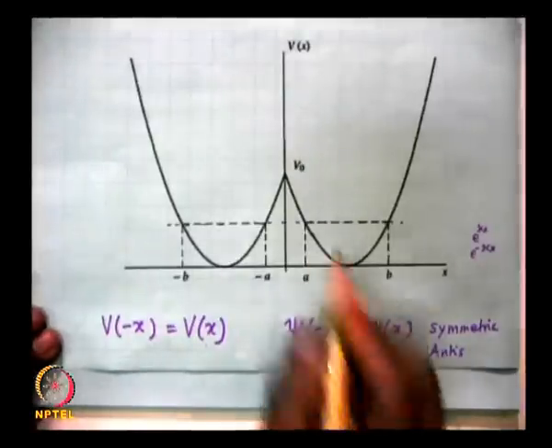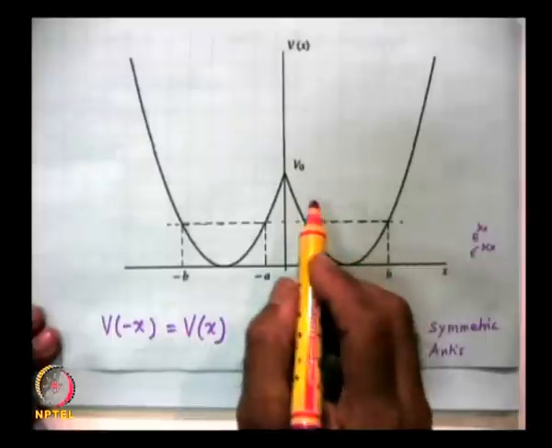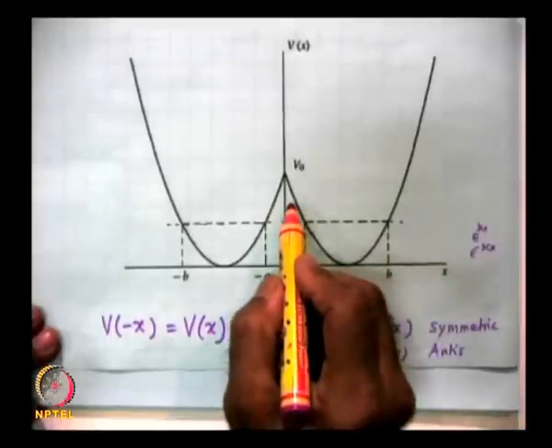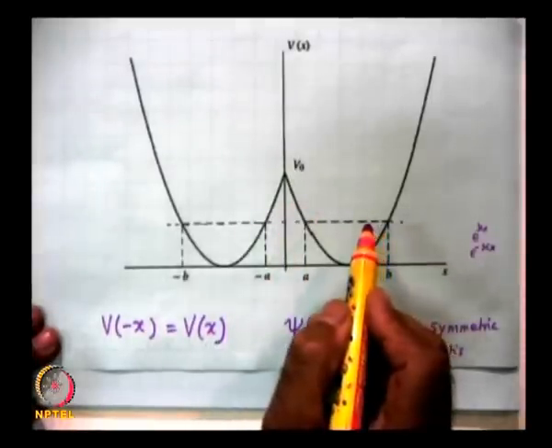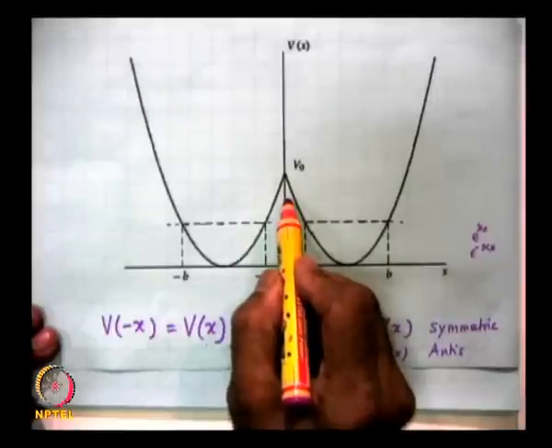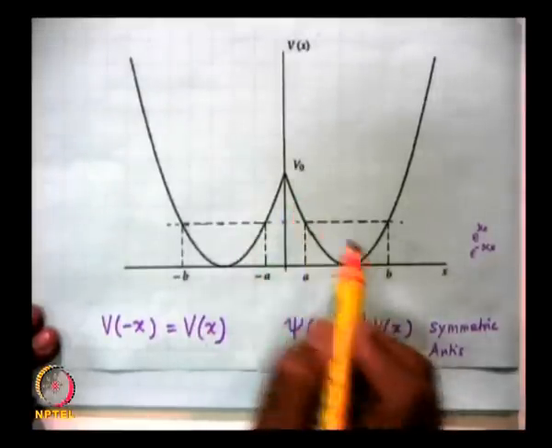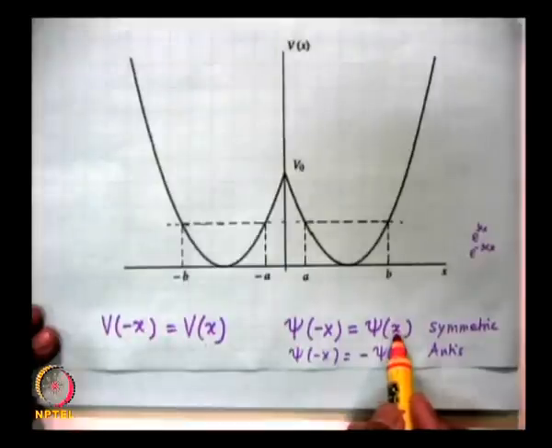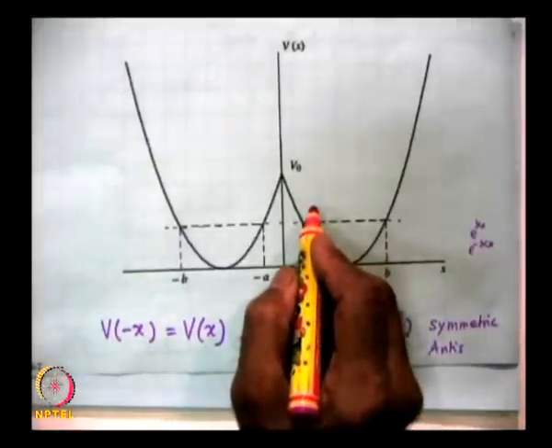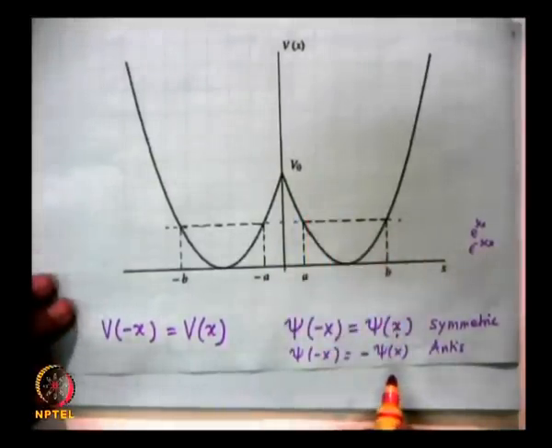So, our approach will be that if we have an anti-symmetric function of x, we will start with a sine hyperbolic function. If I have a symmetric function of x, we will start with a cos hyperbolic function.